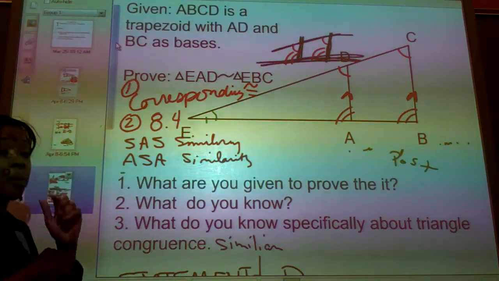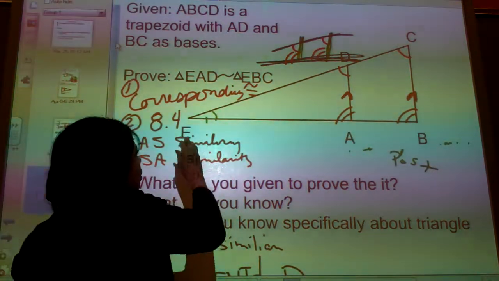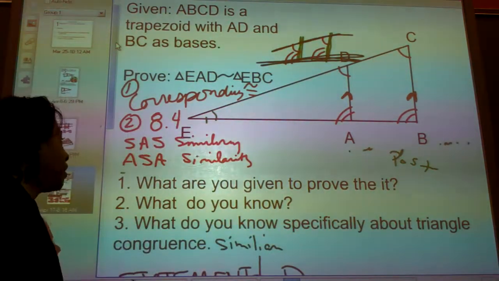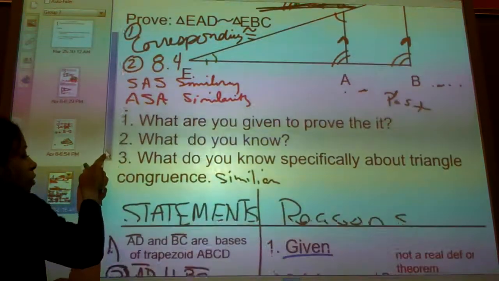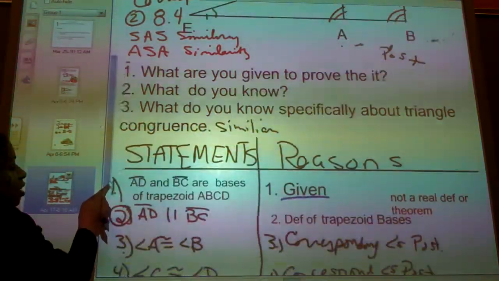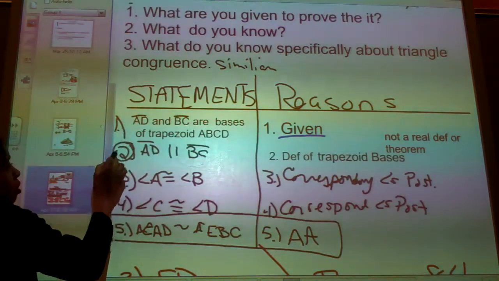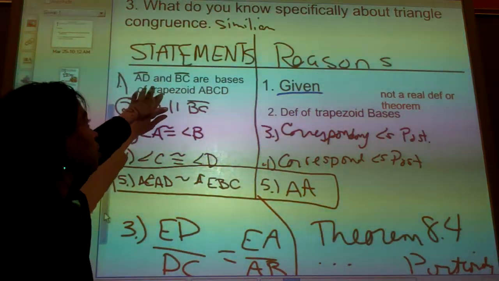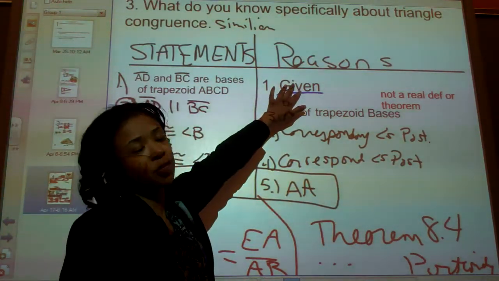How do I know that? That's theorem 8-4. And I also know that EA is proportional to AB. Theorem 8.4. Okay, but the first things I still did this. Even if I had done theorem 8.4, I would have done 1 and 2. So 1 and 2 would have still been the same. I still would have needed this given information, even if I saw theorem 8.4.